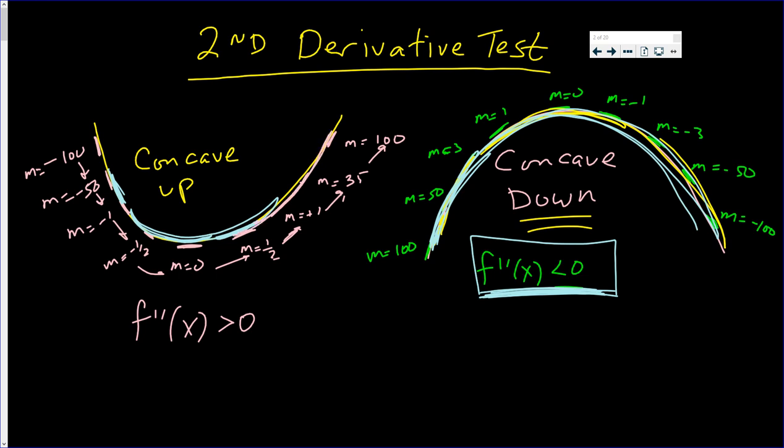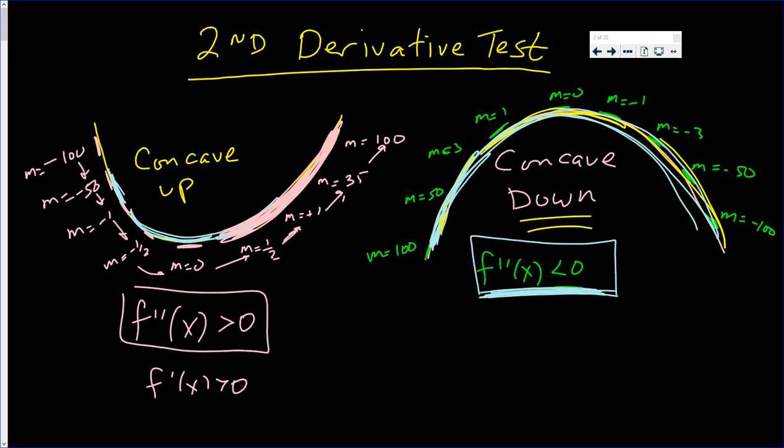Over here, notice I'm not saying the change in the slope. The slopes here are all positive. Oh, I get it. So when the first derivative is positive, that means the second derivative has to be positive. Well, no. Here, the slopes are negative. Here, the slopes are negative.